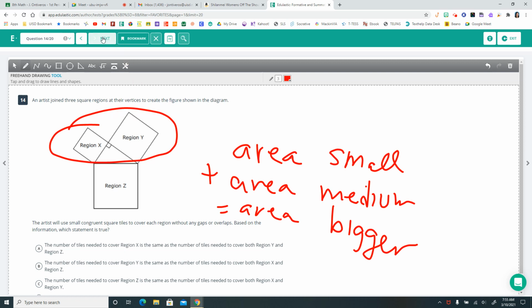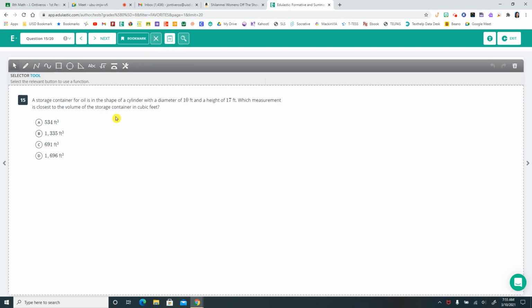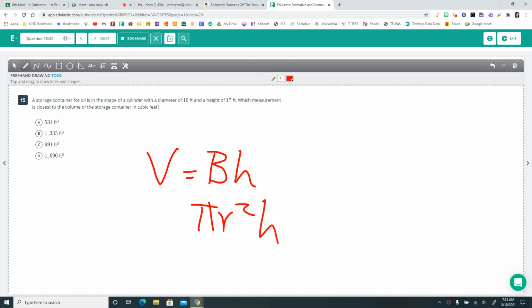Okay, so just read carefully. For this one, we have a cylinder and you are looking for volume. So you're going to do volume equals area of the base times the height, pi r squared times the height. Don't forget that you have diameter, so you need to divide it by 2.